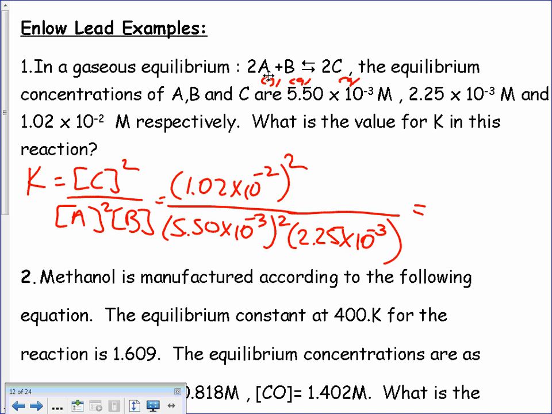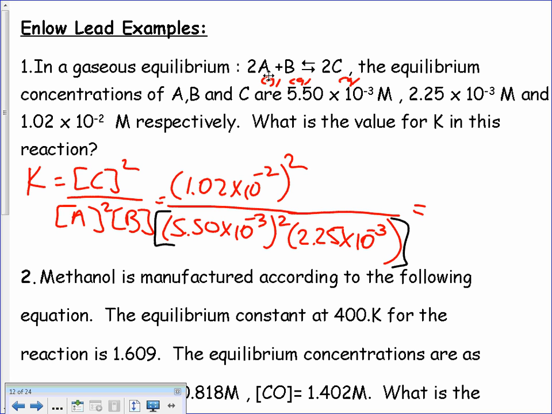What I would recommend is putting this in the numerator and then dividing by a bracket or double parentheses, something like 5.5 times 10 to the negative 3 in parentheses, squared. If you don't put the parentheses, it's only going to square the 10 to the negative third instead of the 5.5 as well. And then end it with a bracket. What do you guys get?